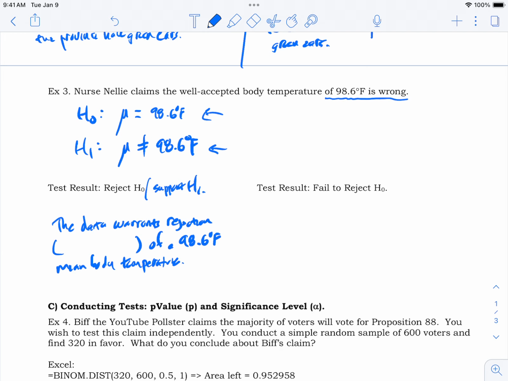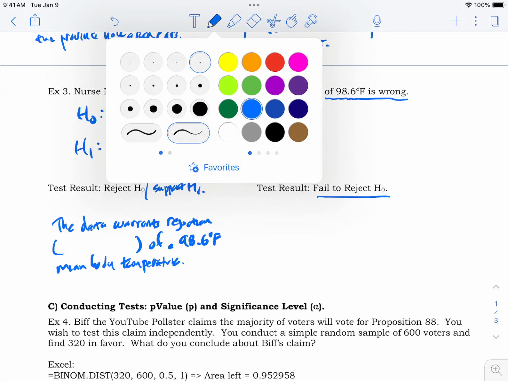Okay, good. Well, what if you fail to reject H0? You don't want to say fail to support the claim that it's different. No. Now you can't say you prove that it's right. So actually I'm going to write down some notes here.